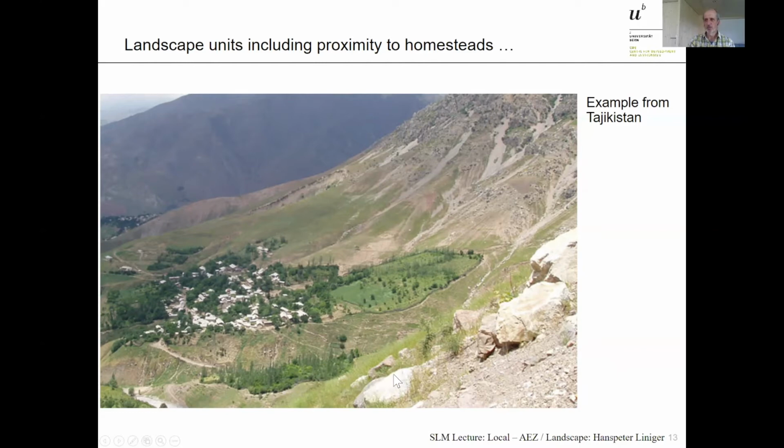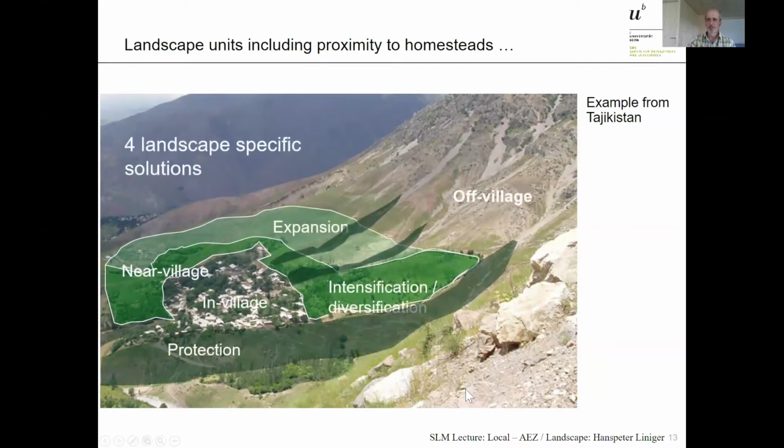Okay, now what would you think? Here, the situation in the village compared to here, or even around the mountain where animals are grazing, are completely different. So, we differentiated that area into in-village situation with home gardens, for instance, rooftops that you can use, and near village situation, you're close to the homestead, can go work in the field and come back.